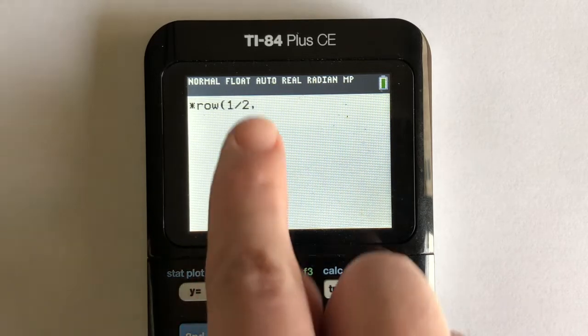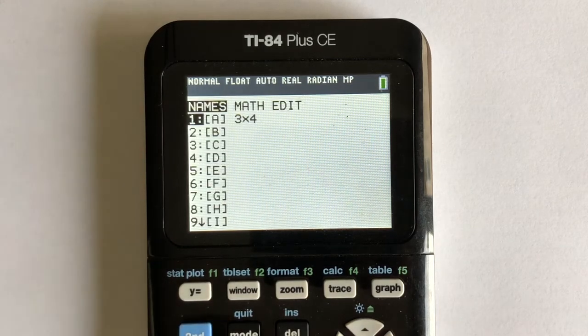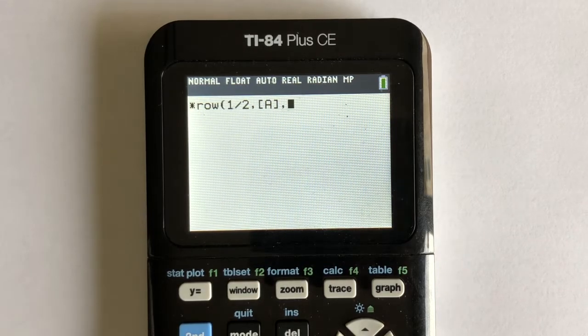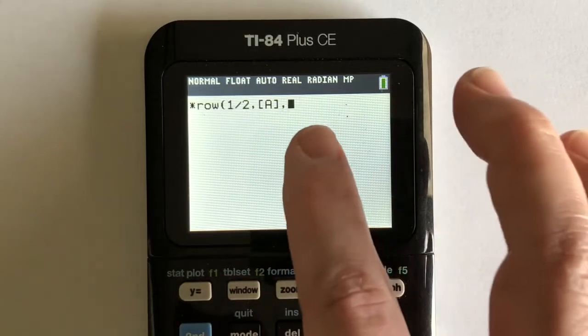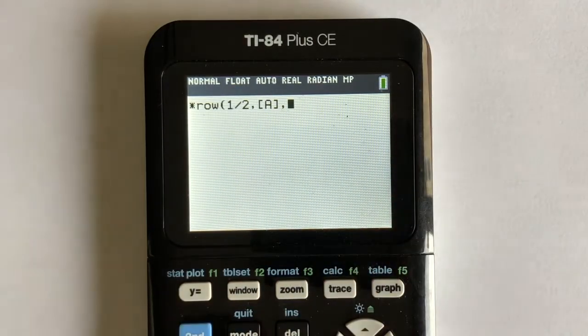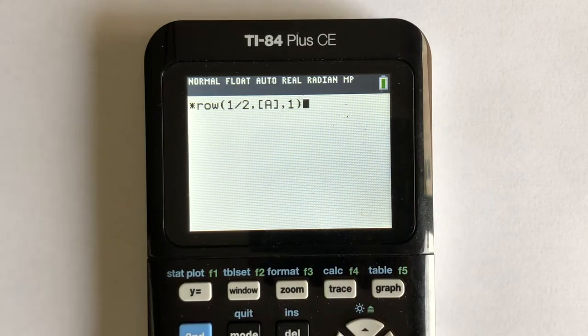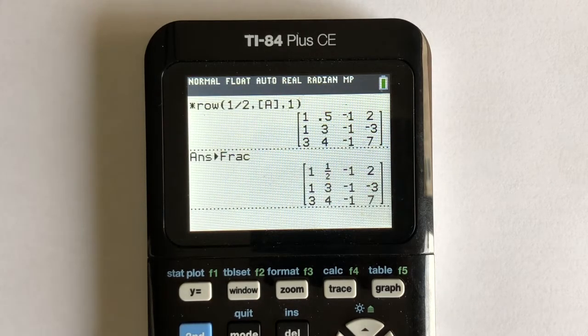So enter in 1/2, that's your first parameter. The matrix you're working on is the second parameter, that's matrix A. Then you put a comma. The third and final parameter in this times row function is the row that's being multiplied by 1/2, which in this case is row 1. So do that, hit enter. And then I always hit math, enter, enter, to convert my entries into fractions.